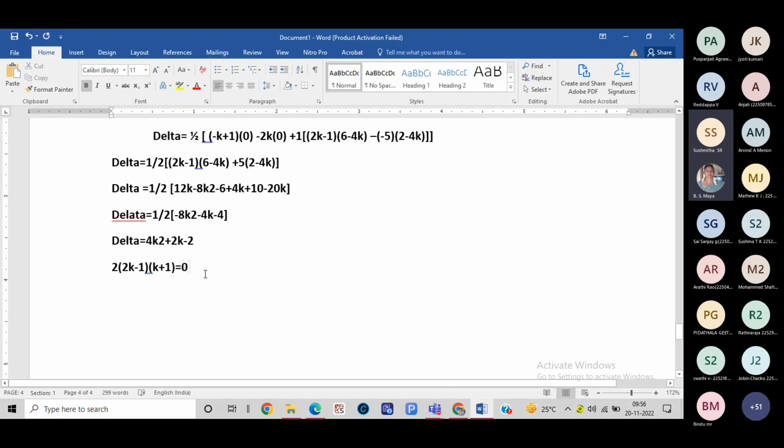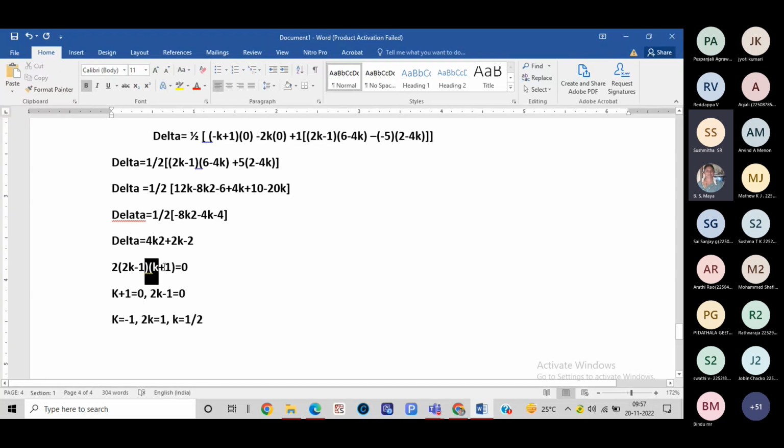Then 2k minus 1 is equal to 0, so 2k is equal to 1. What is k now? K is equal to 1 by 2.